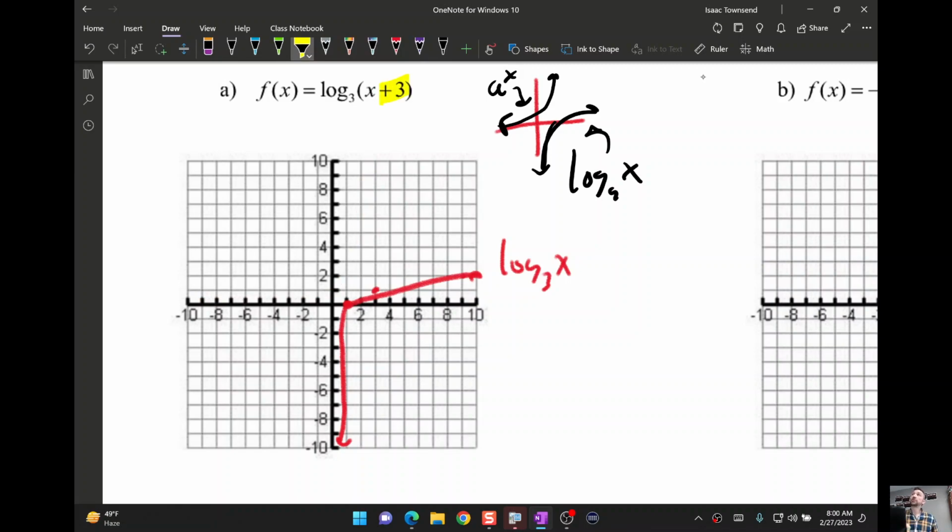This transformation should shift it left 3. So shift over all these points. Oh, that's bad. And then that's how you should know what that graph looks like.